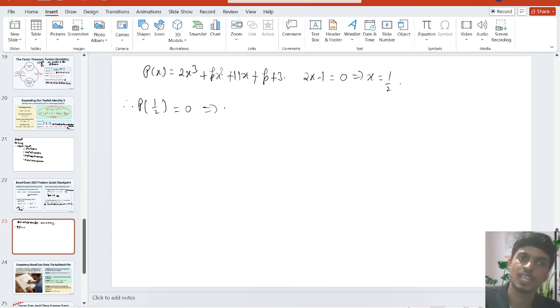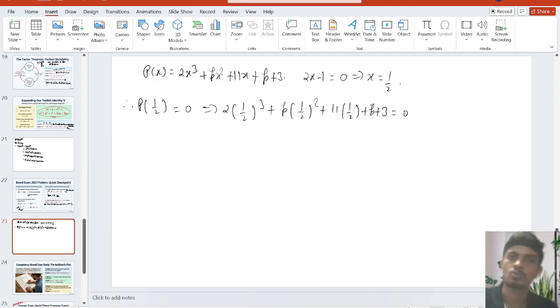So we can solve it by putting x equal to 1 by 2. Now 2 into 1 by 2 whole cube plus p into 1 by 2 whole square plus 11 into 1 by 2 plus p plus 3. This is equal to 0. You have to solve this equation. Now 2 into 1 by 8, since 1 by 2 whole cube equals 1 by 8.